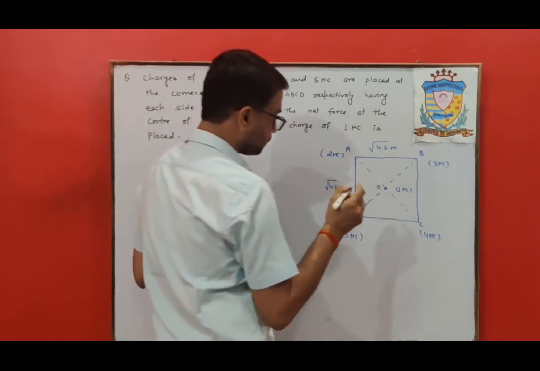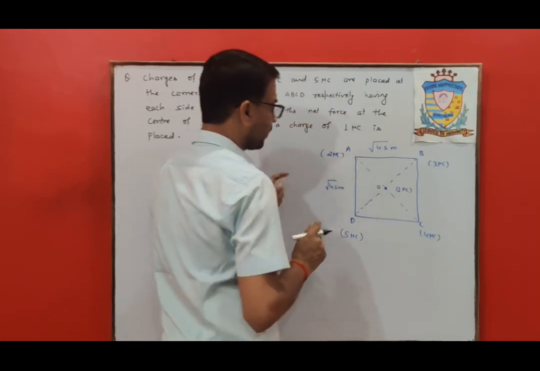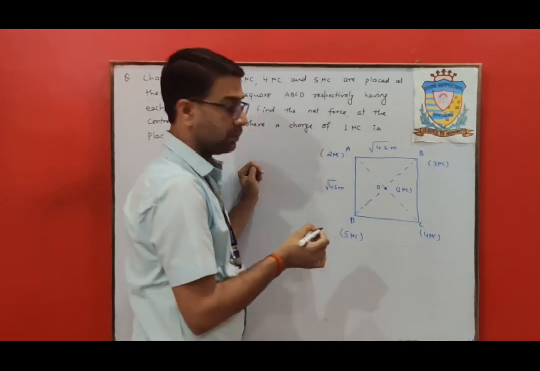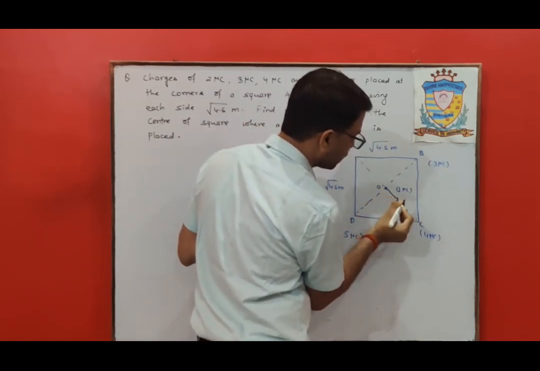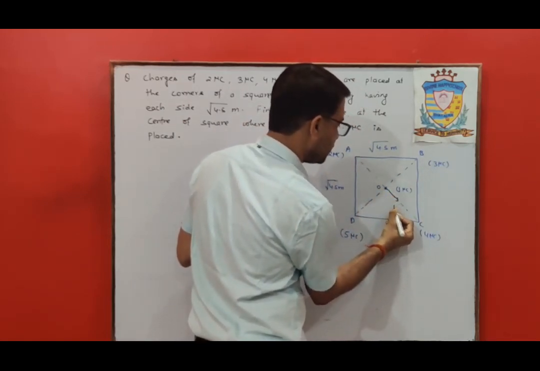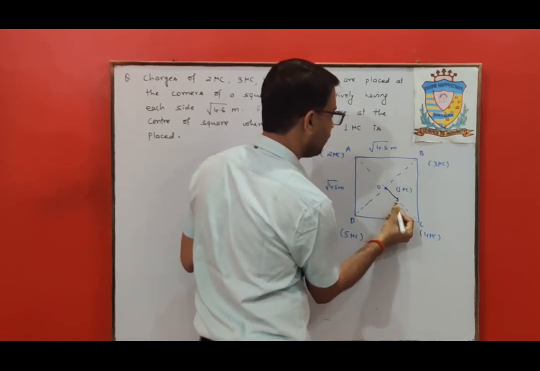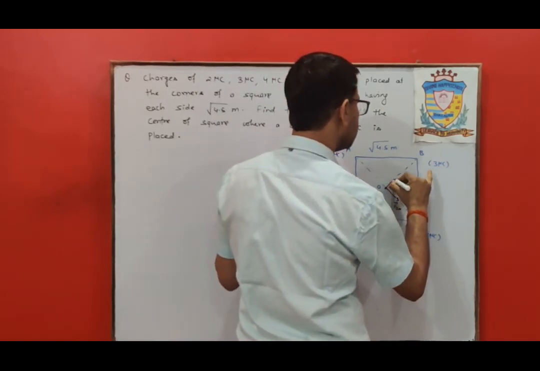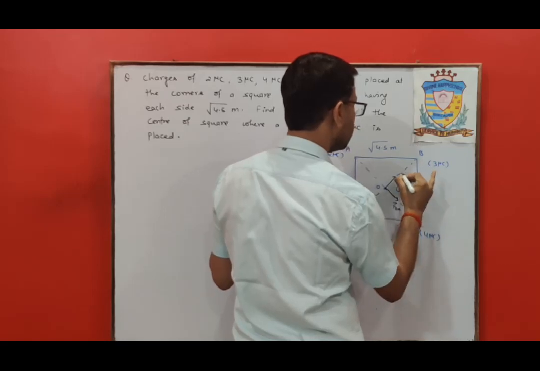So we have to calculate the net force over here. First we will calculate the force at O. All charges are positive, so the force will be repulsive. So this is the force on O due to A, FOA. This will be FOD.